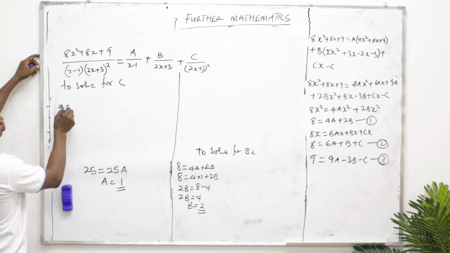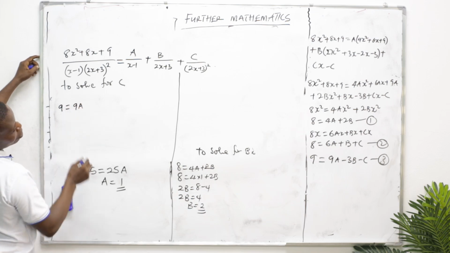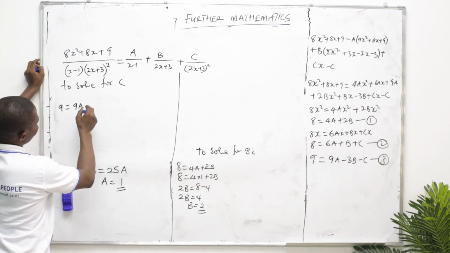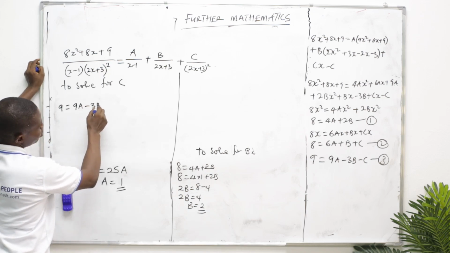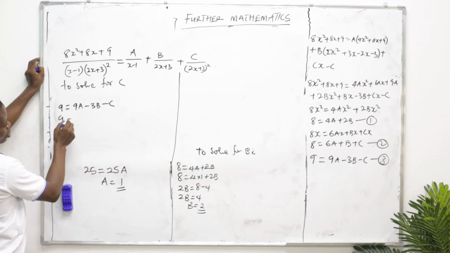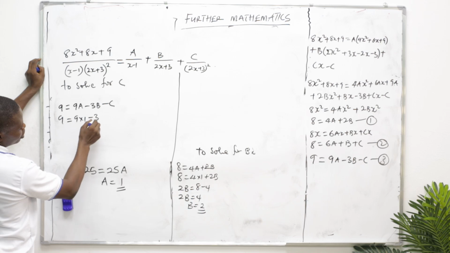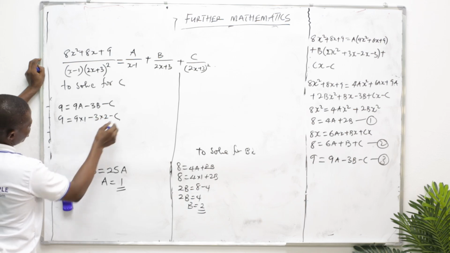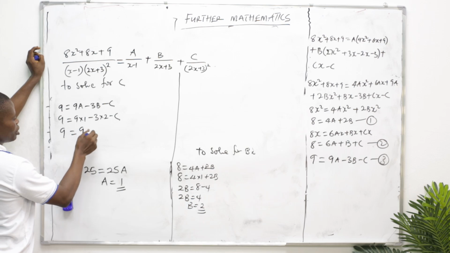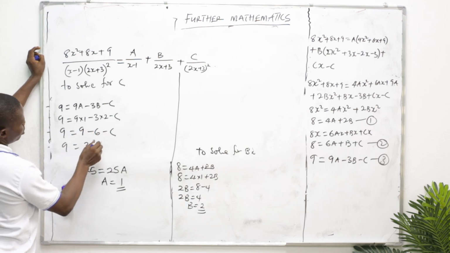9 equals 9a minus 3b minus c. 9 equals 9 times 1 minus 3 times 2 minus c. 9 equals 9 minus 6 minus c. 9 equals 3 minus c.